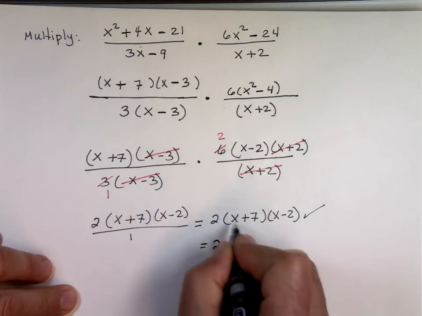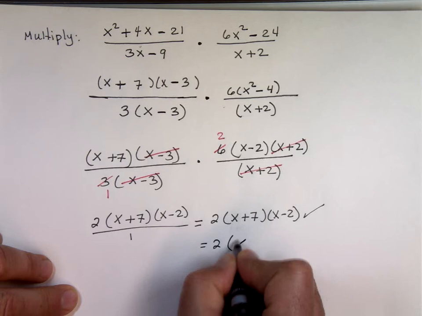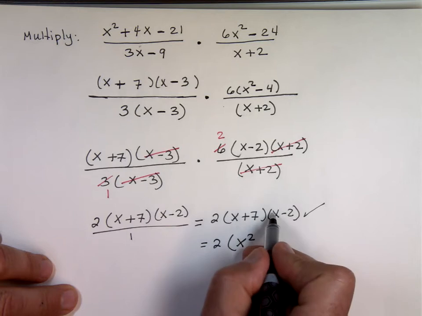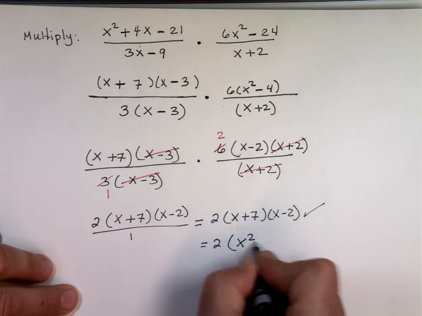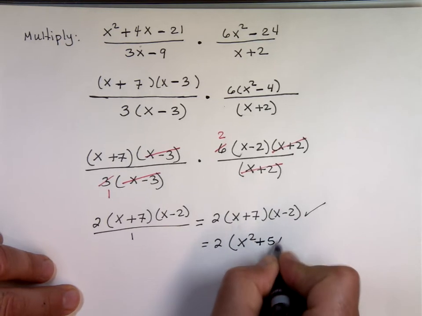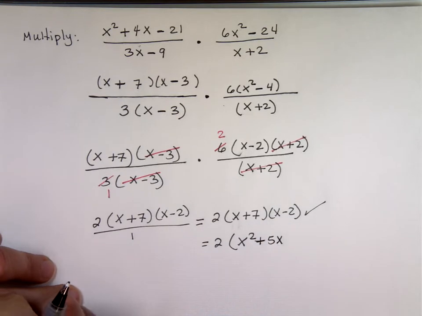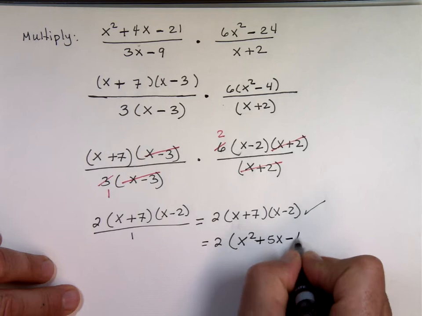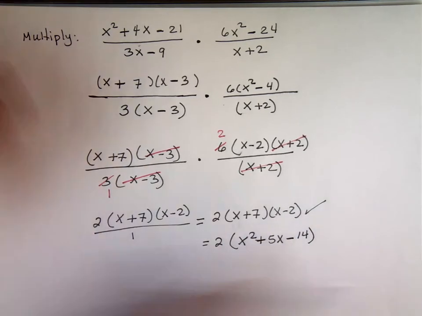What's x times x? X squared. That's 7x minus 2x plus 5x. What's 7 times a negative 2? Negative 14. I'm using the FOIL method, in case you forgot.